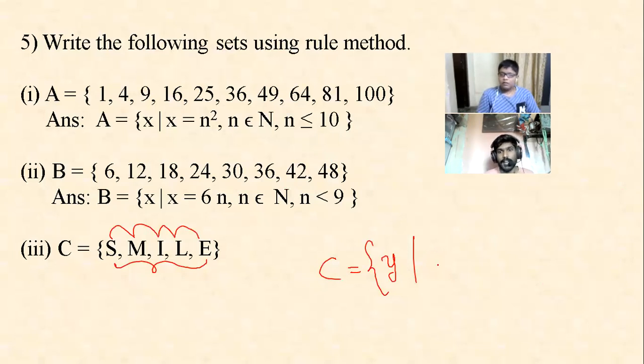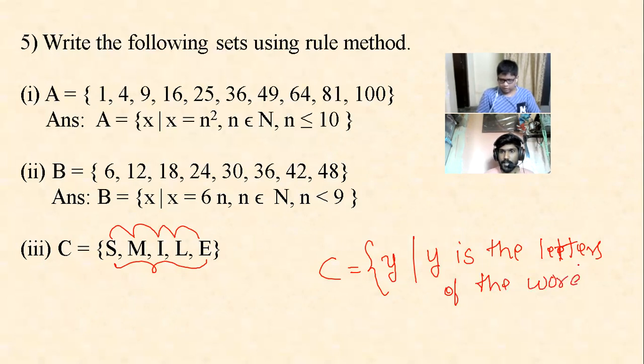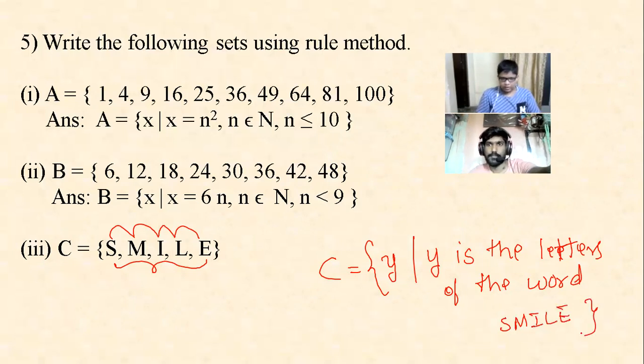So you write here: C is a set of Y such that Y is the letters of the word smile. Okay, this was easy. Yes, sir.